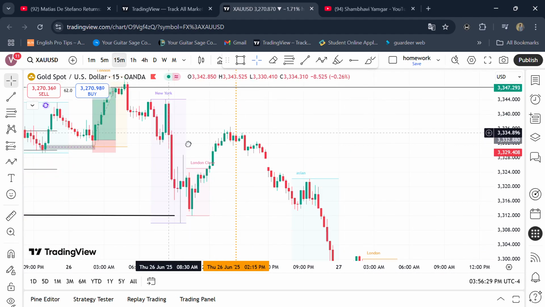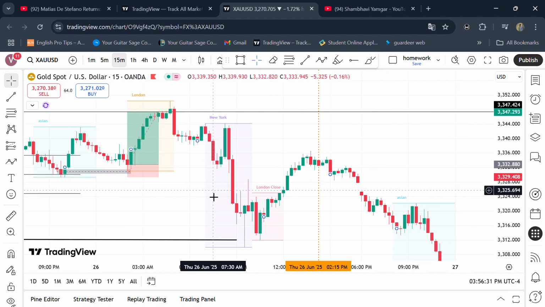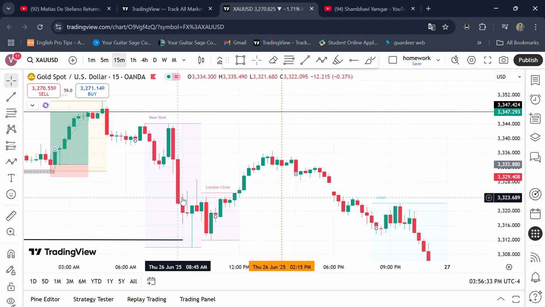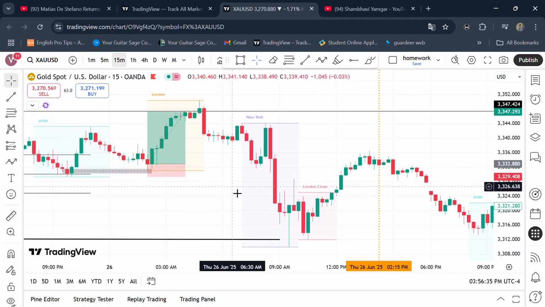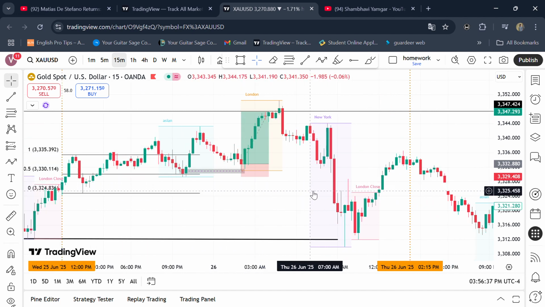Let's go on 15-minute time frame and see what has happened here. If you'll see, for the price to confirm that it is going to take a rejection from the line that we had marked, it is necessary for it to make a market structure shift.